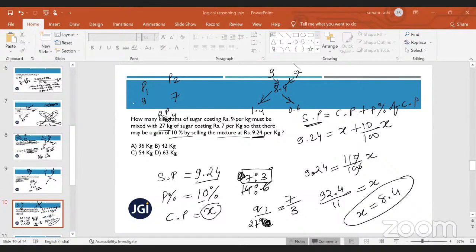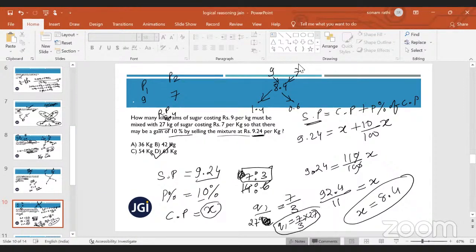Yes, answer is option D. You just have to do Q1 is equal to 7 by 3 into 27. 7 9s are 63 is the answer. Everyone got it?